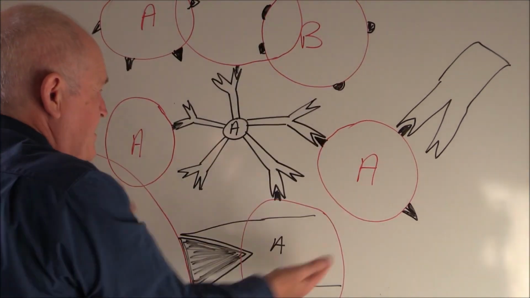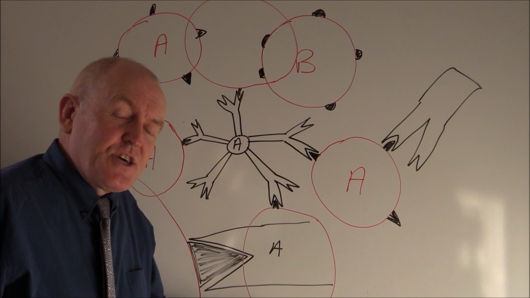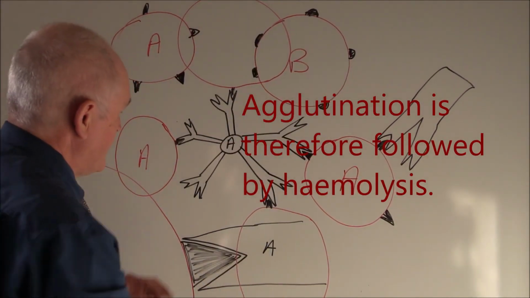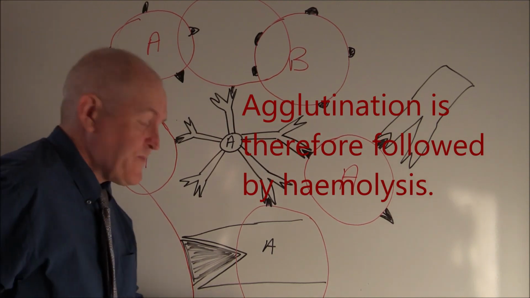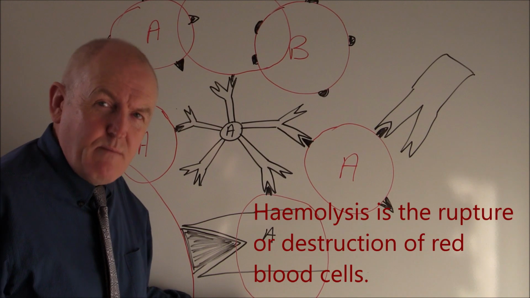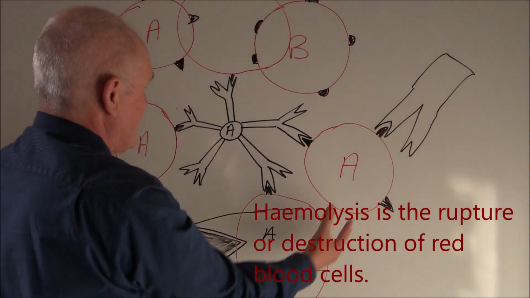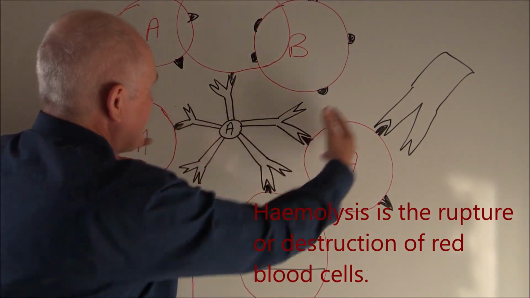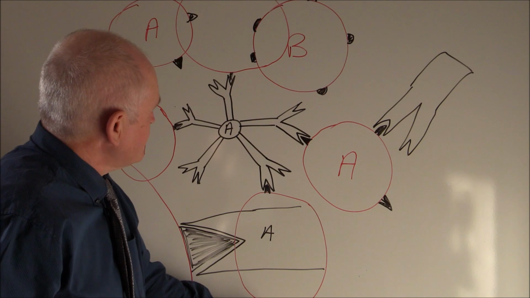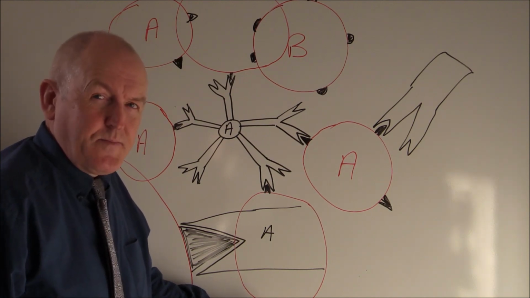This is going to break up these red cells, causing what we call a haemolytic reaction. So initially there's going to be the agglutination, they're all going to get clumped together, and then there's going to be haemolysis, haemo blood, lysis to break up the red cells. And that can release free haemoglobin into the blood, causing a haemolytic mismatch reaction.